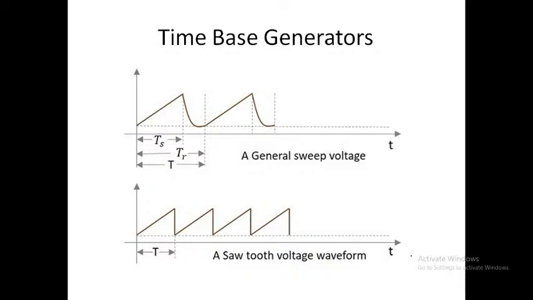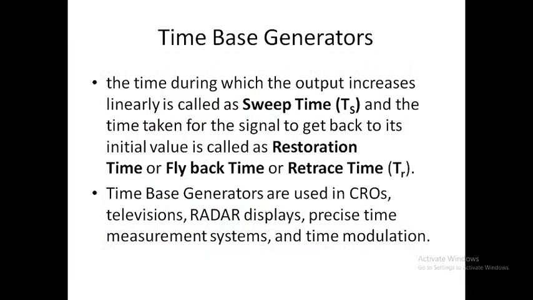So this is the basic difference between a sweep voltage and sawtooth voltage waveform. You already know output increases linearly is called the sweep time, and the time taken for the signal to get back to its initial value is called the restoration time or flyback time or retrace time, TR.